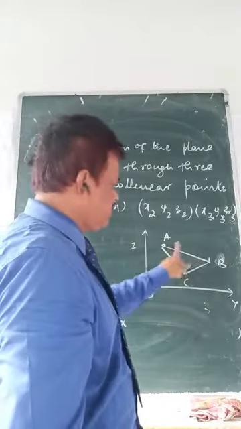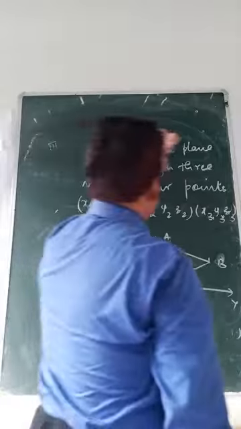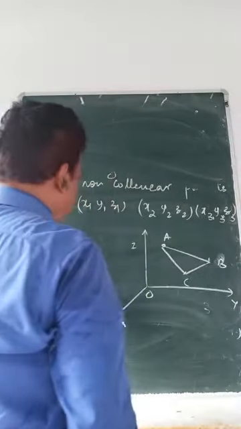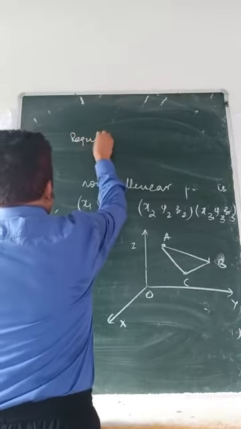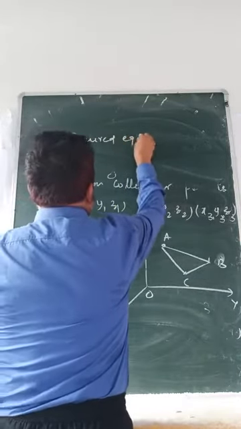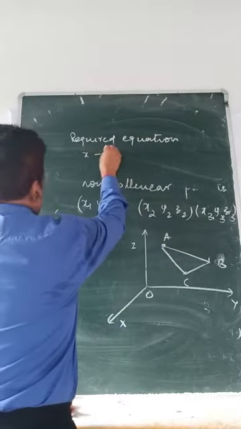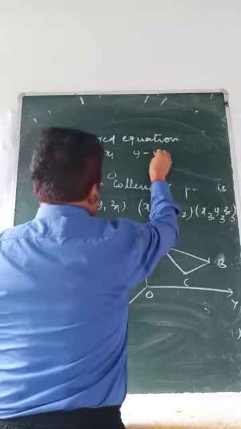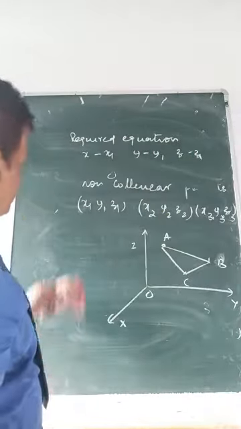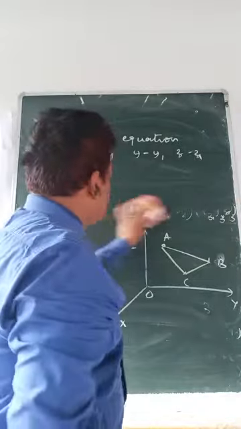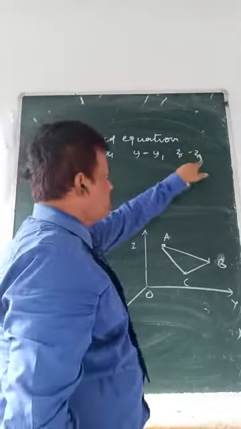So what will be the equation of this plane? Just remember the formula here. Look at the pattern, how you are writing. Required equation: x minus x1, y minus y1, z minus z1.